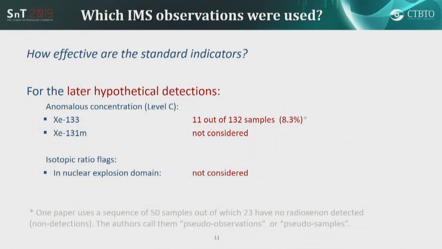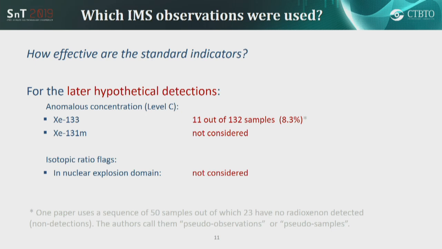How effective are these best indicators, the most obvious indicators, in other studies for the two cases where other papers claimed that two other tests have been observed in IMS stations? So the anomalous concentration was not highly prominent in these studies.